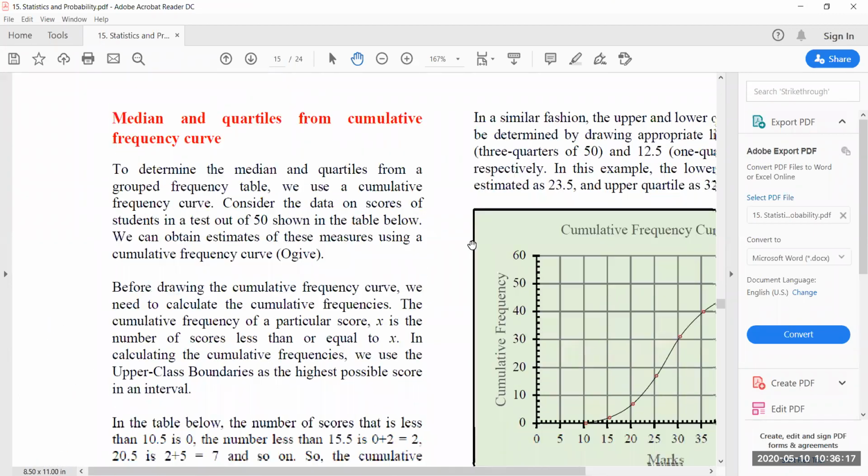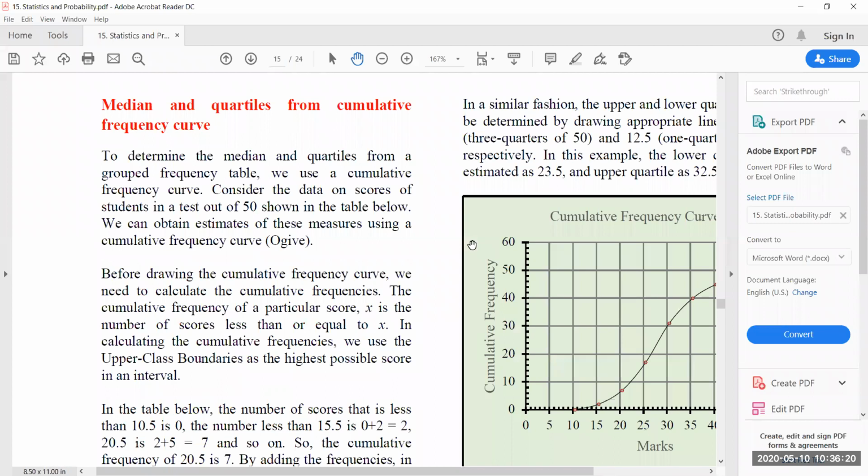Okay, so median and quartiles from a cumulative frequency curve. To determine the median and quartiles from a grouped frequency table, we use a cumulative frequency curve. Now consider the data on scores of students in a test out of 50 shown in the table below.